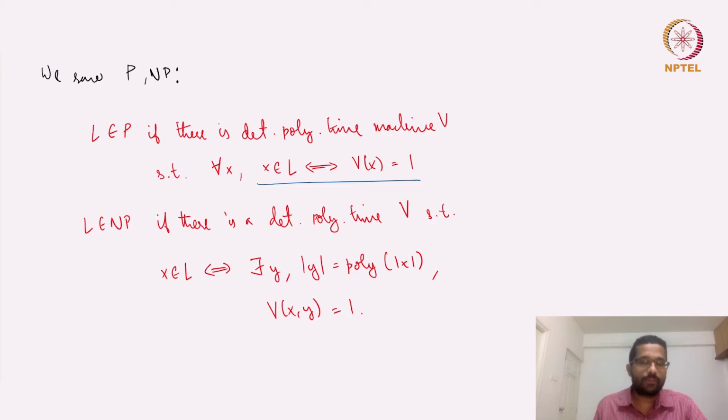The certificate should be polynomial in the length of x, and the verifier should run in time polynomial in the length of x. That's what I've written here. It's a deterministic polynomial time verifier V such that x is in L if and only if there is a certificate y such that the length of y is polynomial in the length of x, and the verifier can verify the membership of x using y.